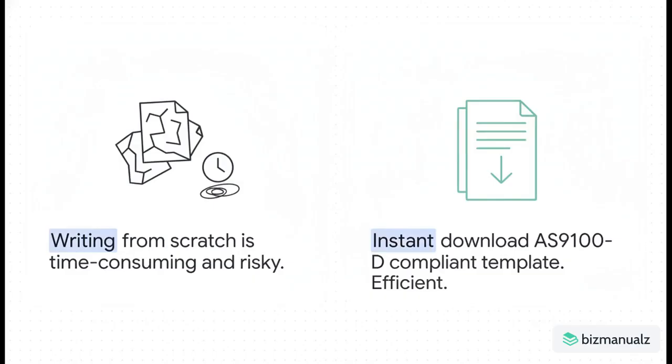It's incredibly time-consuming, you start with zero formatting, and honestly, it's risky. You could so easily miss a vital regulatory step, like that OASIS mandate we just talked about. Instead, the Bizmanualz solution gives you an instant download of an editable, fully customizable Microsoft Word template that's already mapped out for AS9100-D compliance. The time savings here are just massive.